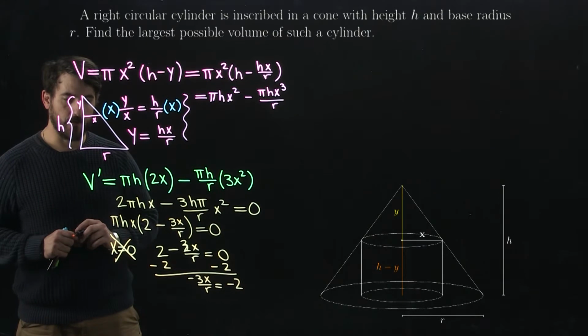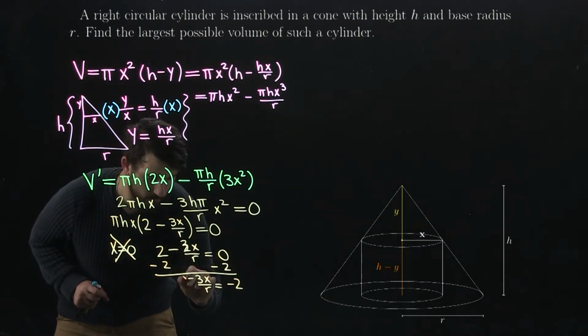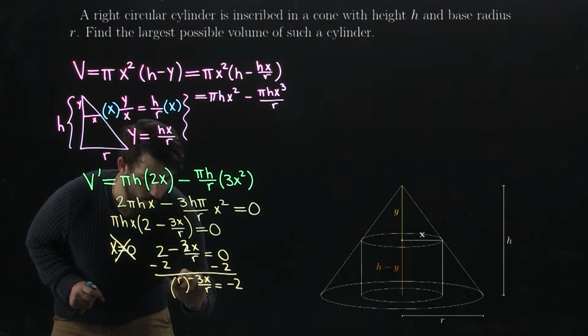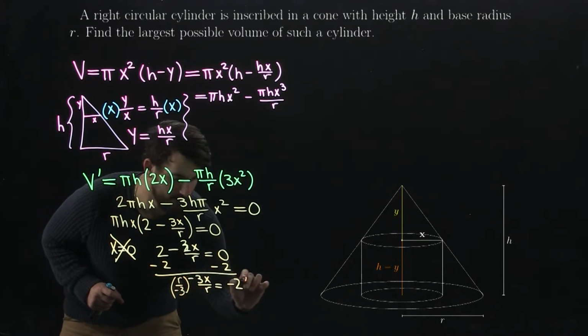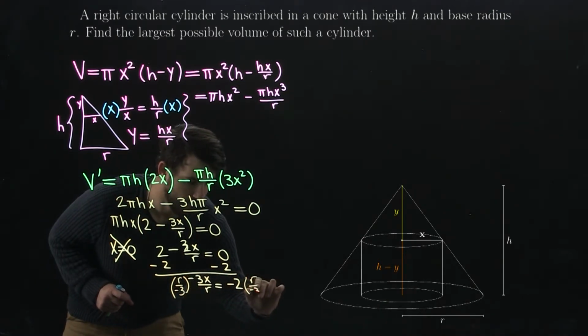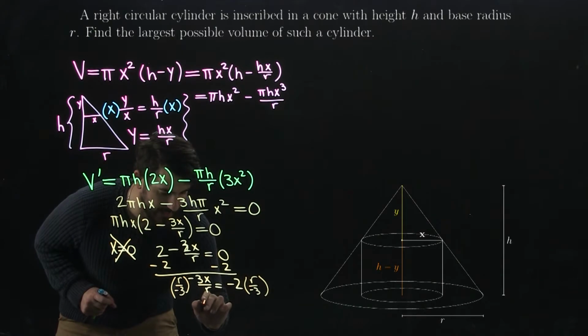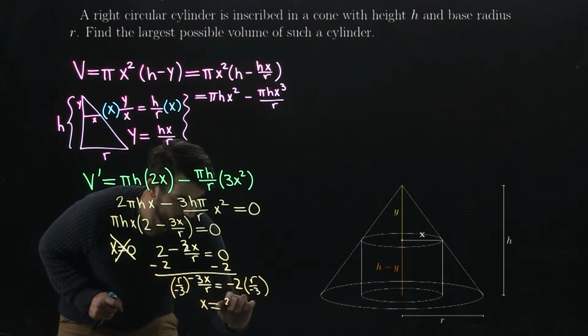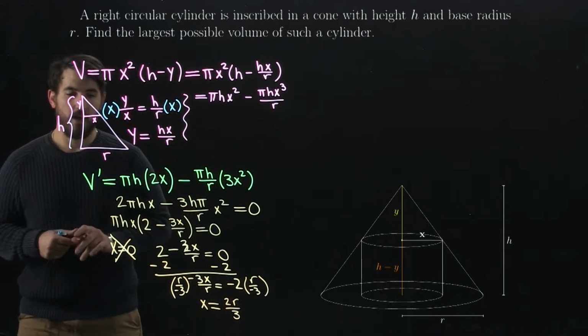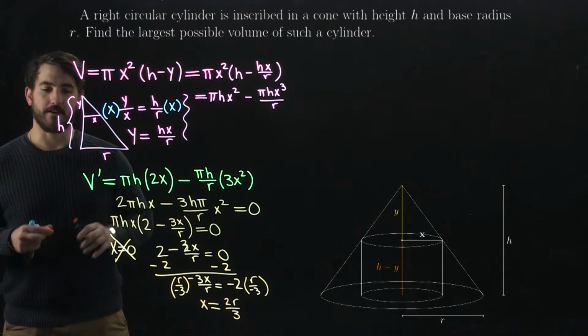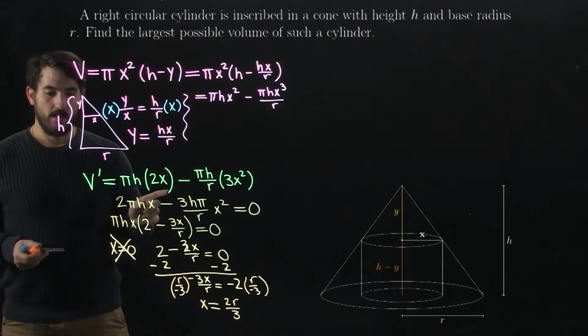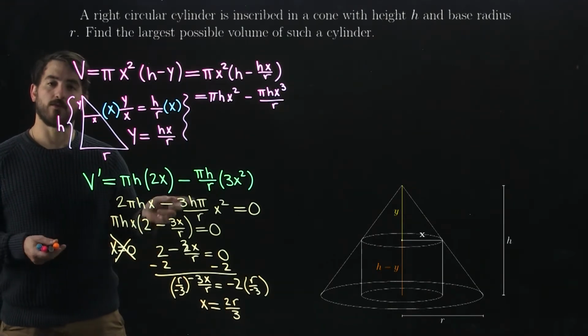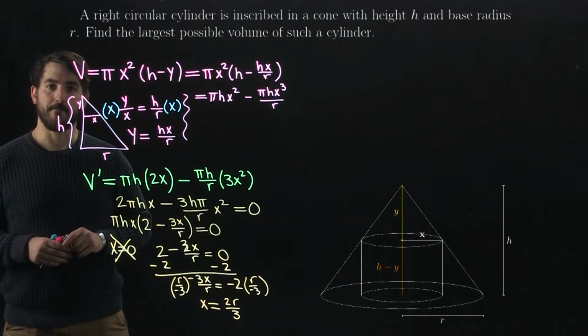Then continuing on with this algebra, I'm going to multiply both sides by r over negative 3, and I get x equals 2r over 3. And so the radius of this cylinder needs to be x equals 2r over 3.